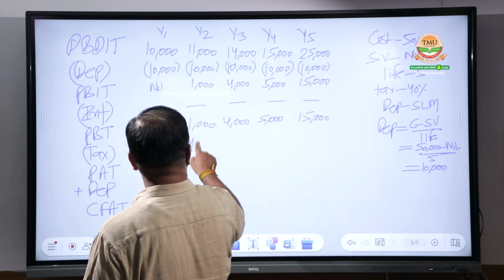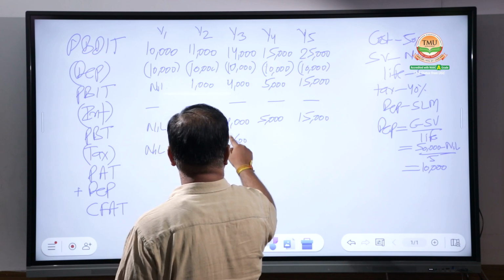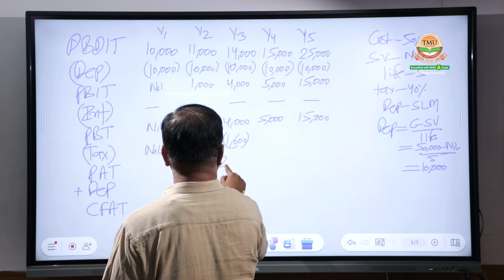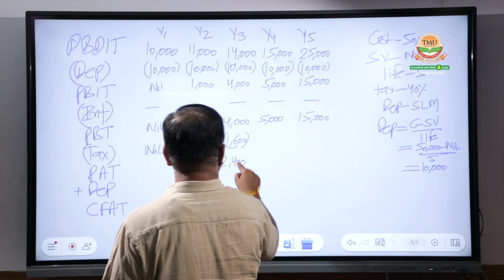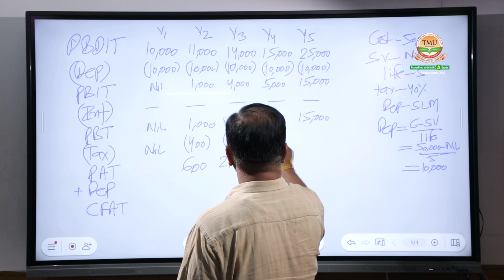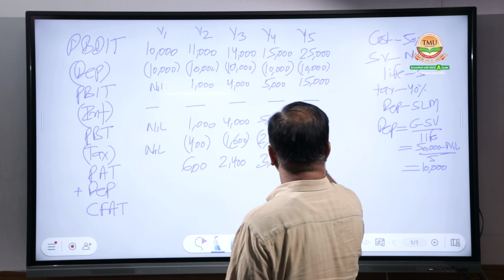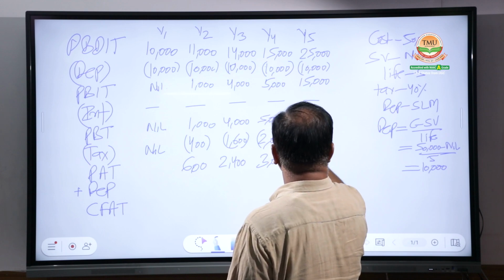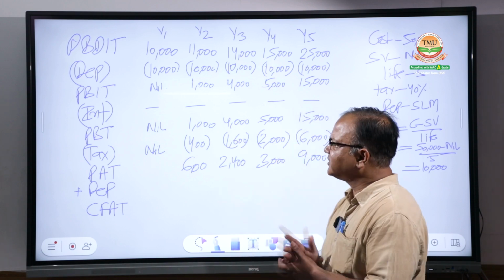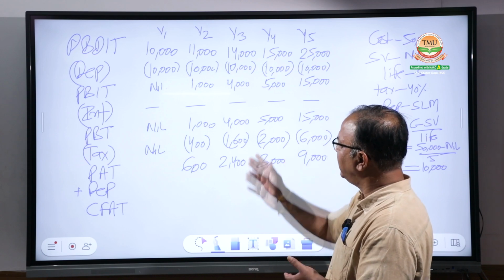Because tax rate is 40%, in case of 1,000 the tax will be 400, giving PAT of 600.